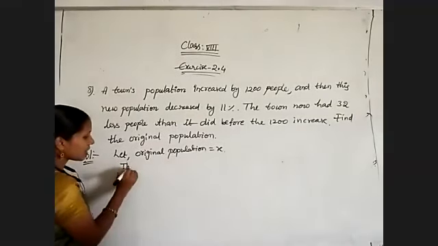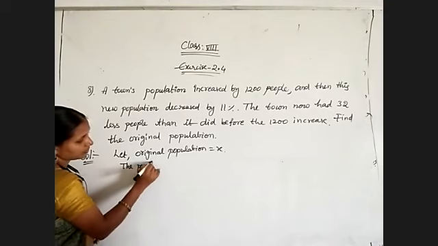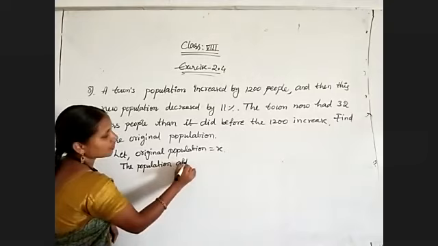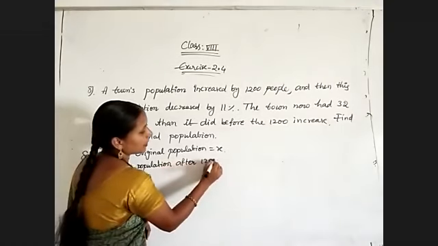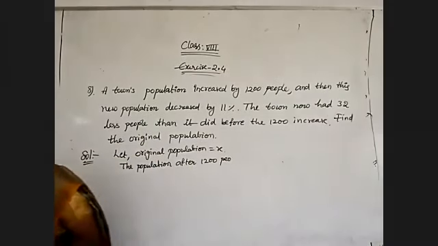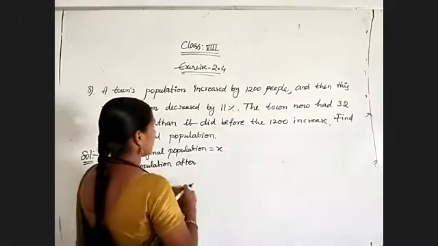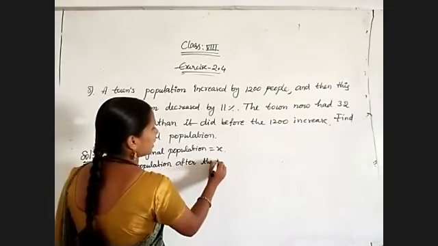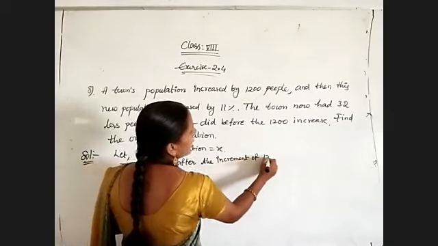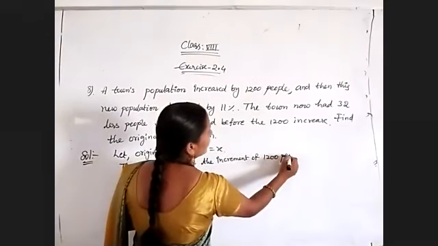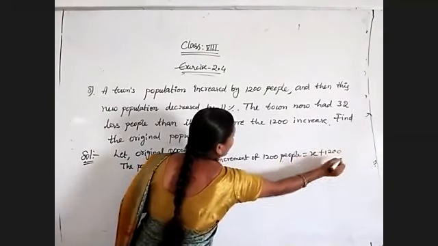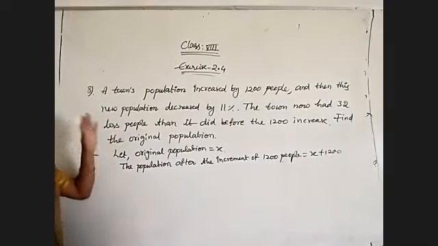The population after the increment of 1200 people is equal to x plus 1200.